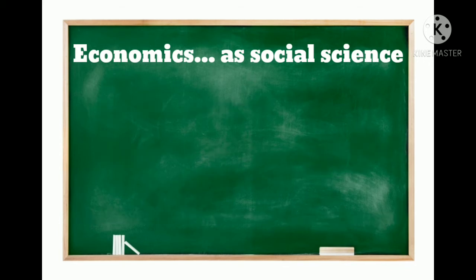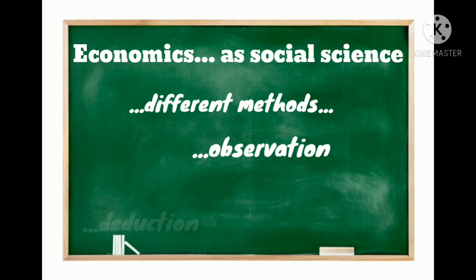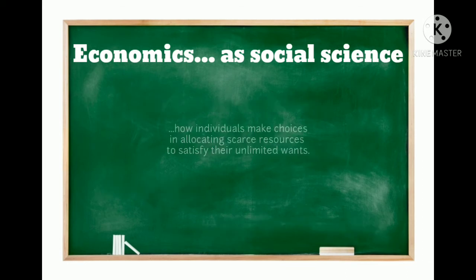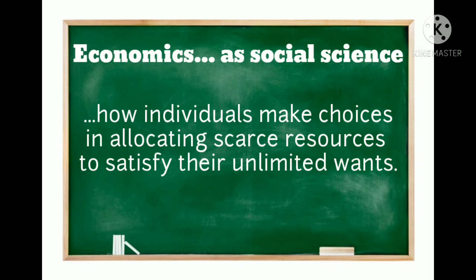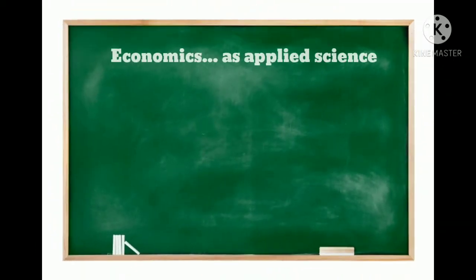Hence, economists have to employ different methods based primarily on observation and deduction and the construction of abstract models. As a social science, economics studies how individuals make choices in allocating scarce resources to satisfy their unlimited wants.